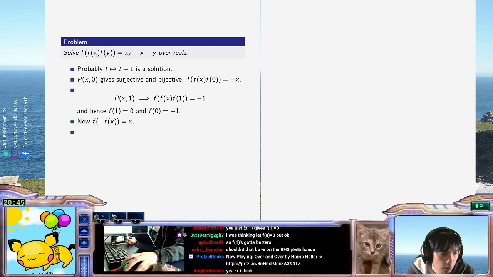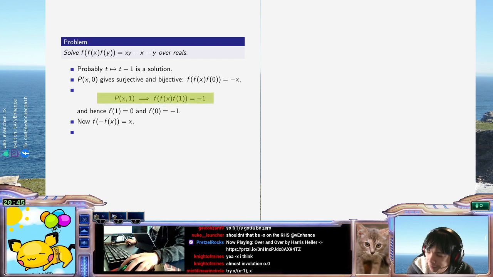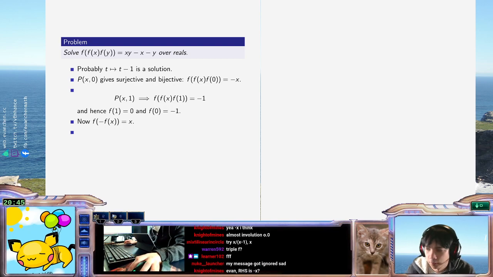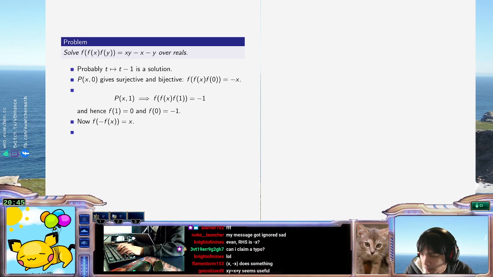Cool. Yeah, it's almost an involution. Like f(1) is equal to 0, so we can get statements like f(x) f(y) is equal to 0 if and only if x equals y.